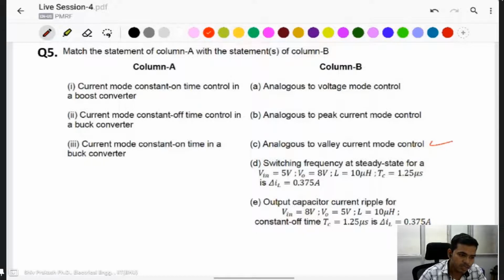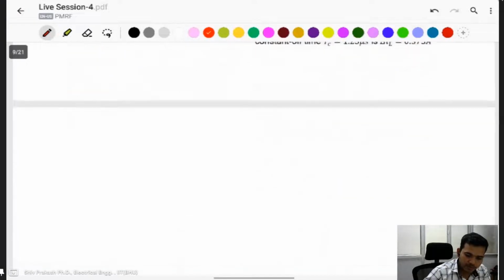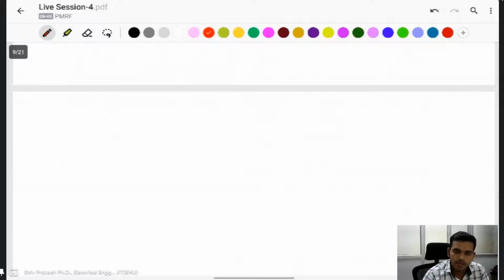Constant on time means the off time is varying here. Both the trailing edge and the leading edge.